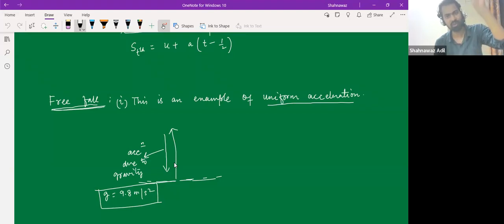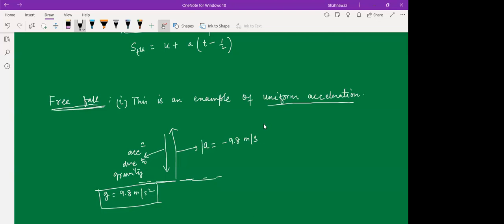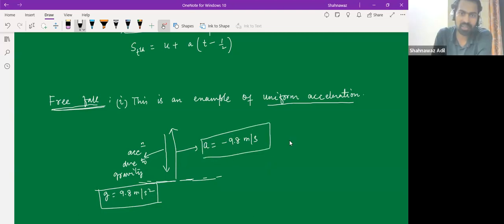At some point the speed of this object will be zero, because the Earth is pulling it downwards. Its speed is decreasing because it is feeling some retardation.